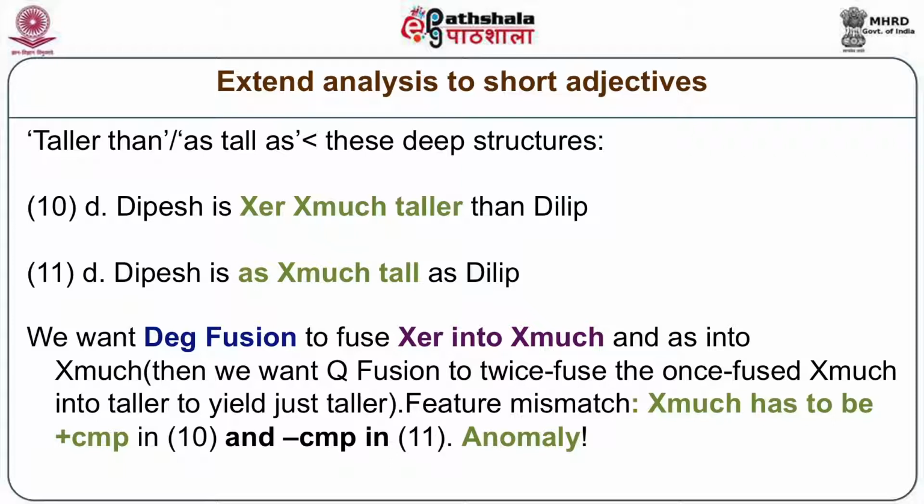For these short adjectives, it becomes necessary to fuse the volatile degree word X-er, but you can't do that because deg is not an immediate neighbor of the adjective in the deep structure. What you've got is deg followed by Q followed by the adjective.